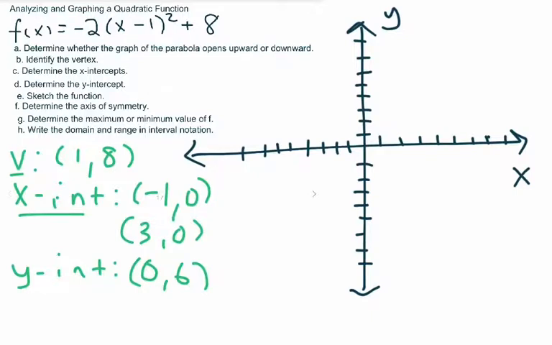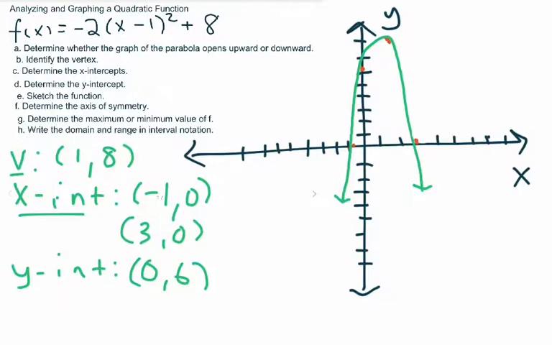So we have our vertex at 1, 8, our x-intercepts negative 1, 0 and 3, 0, and our y-intercept at 0, 6. So there's a rough sketch of our graph.